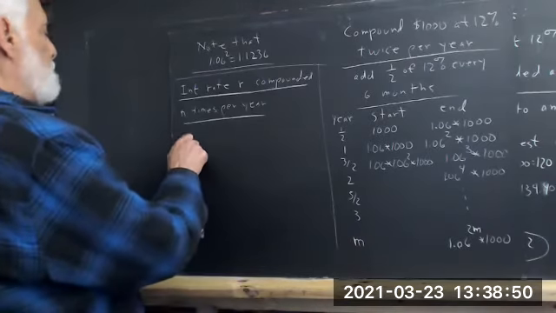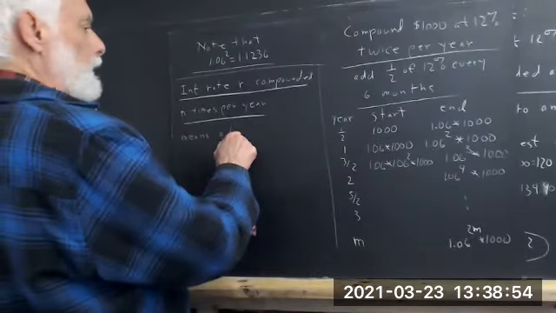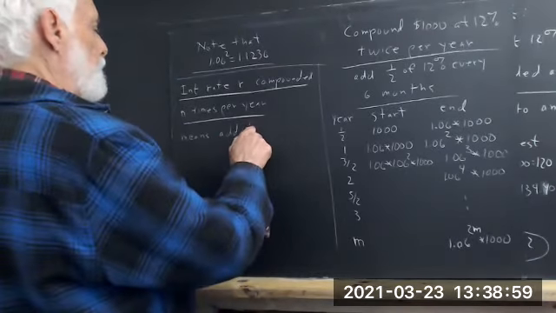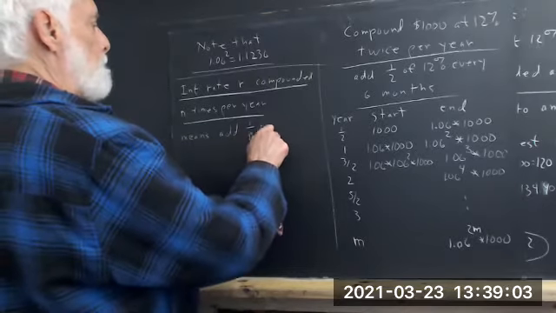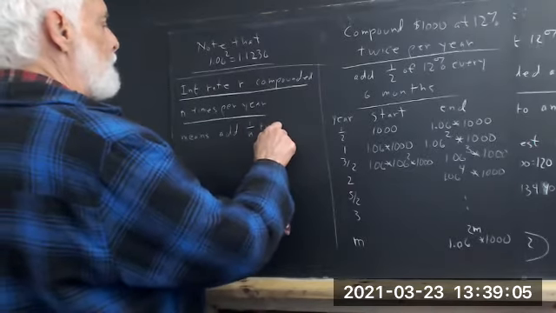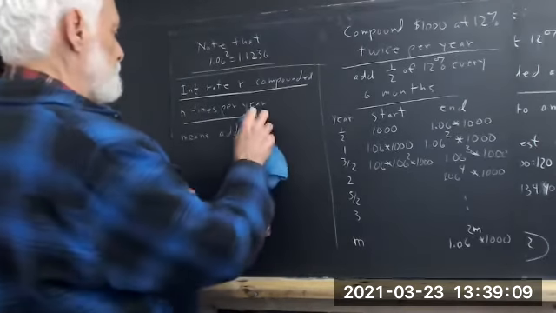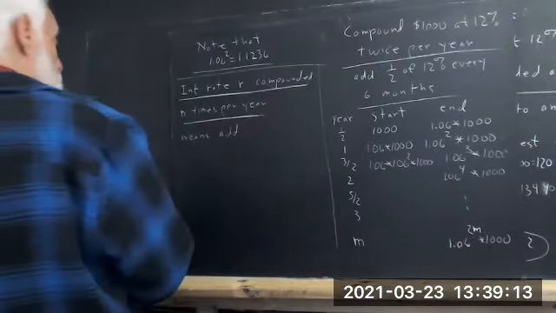This means add R over N, I don't want to use 1 over n times, I just want to divide it.